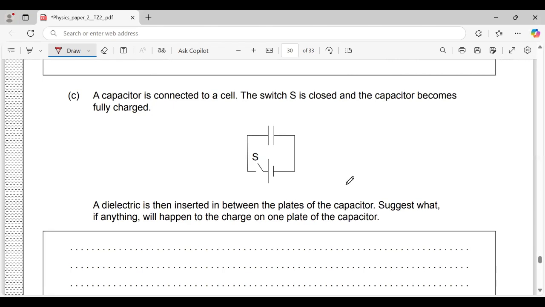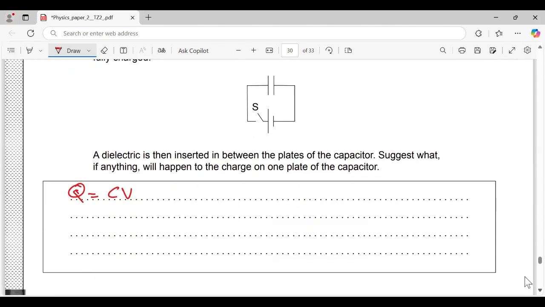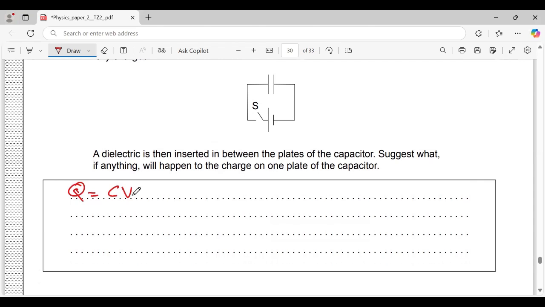The charge on one plate is given by the formula Q equals C times V. Q is charge, C is capacitance of the capacitor, while V is voltage or potential difference. In the circuit, the potential difference is always the same.